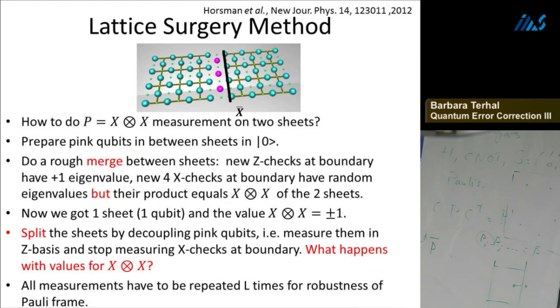So it's actually the product of these X check measurements that has the value of the product of the logical X's, because it's the product of the two lines of X's there.